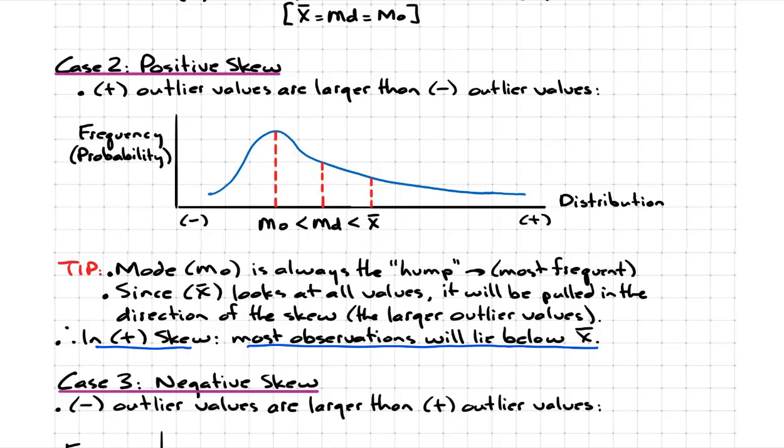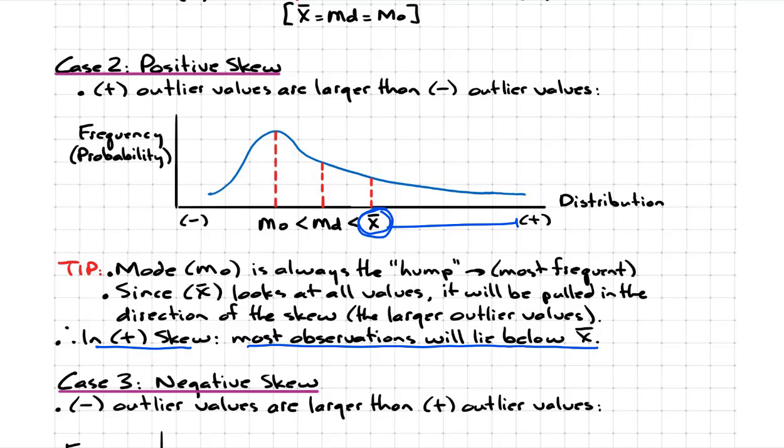So if Bill Gates is living in your neighborhood, the average income would go through the roof. But then if I asked you, would most households have income below or above the average? Well, most households would have income way below the average. The only reason the average is so high is because you have this one individual who's pulling up that average to astronomical levels.